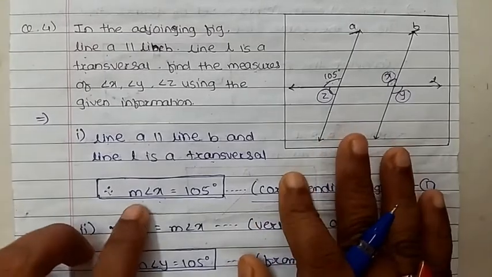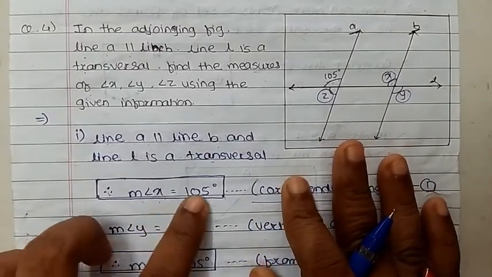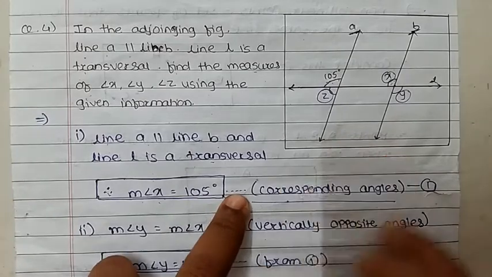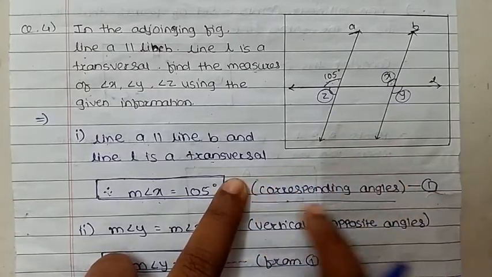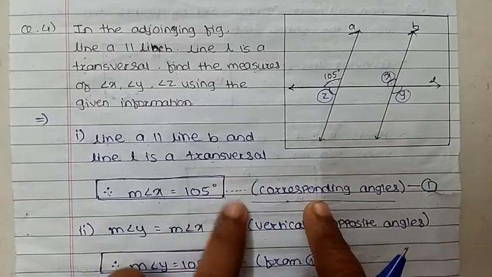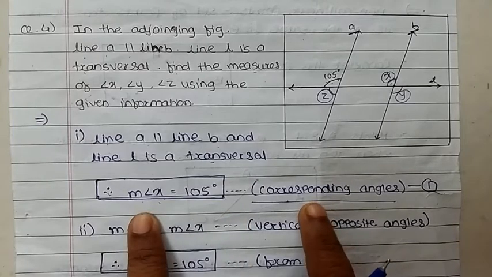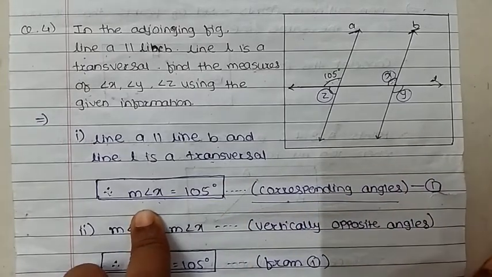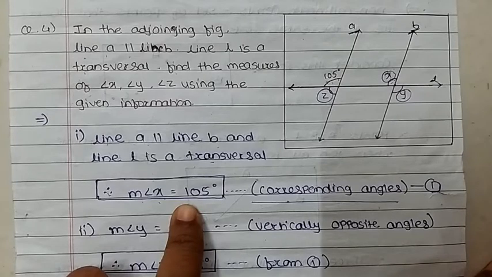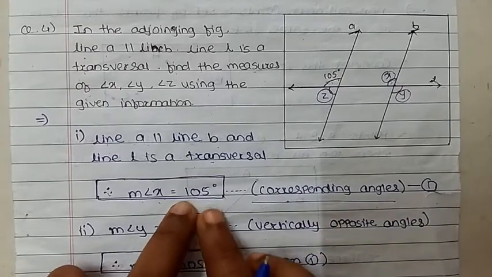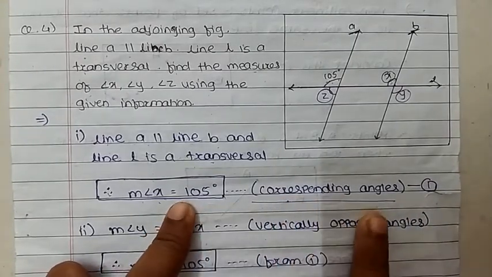If I want to write here the measure of angle X is equal to 105, and if you don't write the reason, then definitely you lose your marks. So to show any solution, you should write it in detail. Here we have to write because they are the corresponding angles.